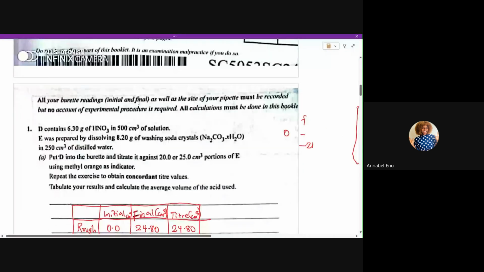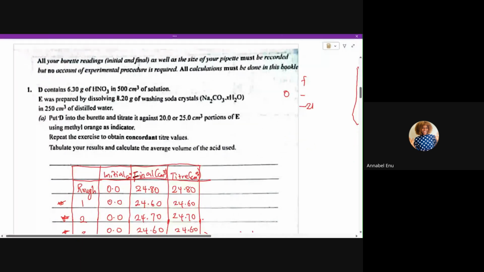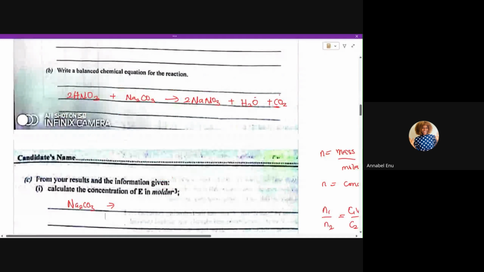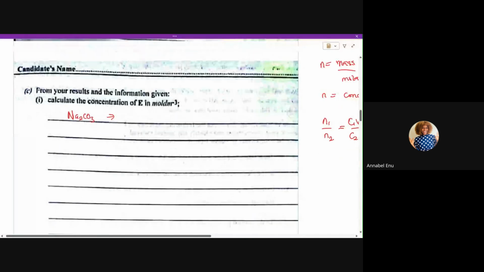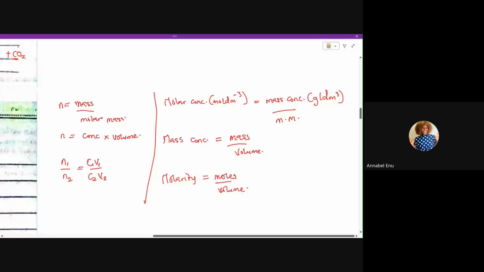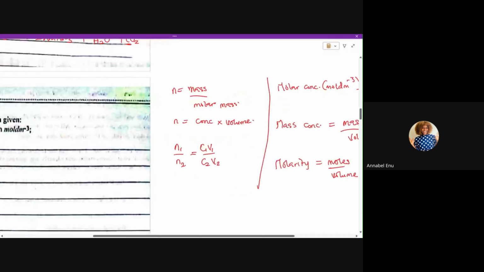So the concentration of this, and what information of that Na2CO3 we're given. We're given its volume and we're also given its mass. Okay, so how do we get the concentration? First of all, since we are told to find the concentration in mole per dm cube, we're going to be using this formula, mass concentration divided by molar mass.